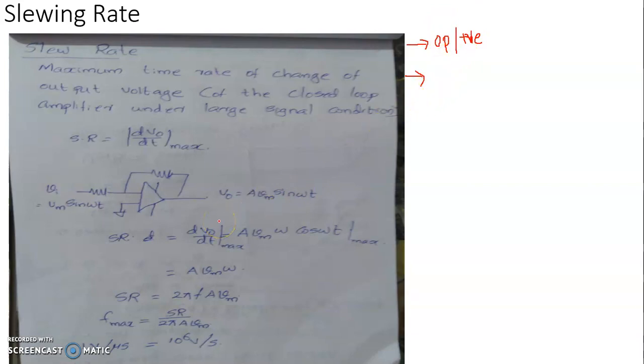That happens when the frequency of the signal is so large that the output voltage will have a greater demand of rise or fall of voltage magnitude with respect to time, which exceeds the maximum possible time rate of change of output voltage that the op-amp can offer, that is referred to as the slew rate.